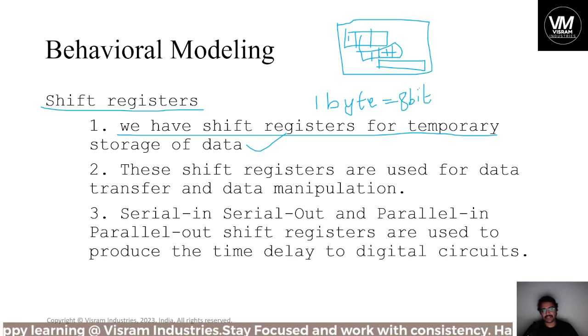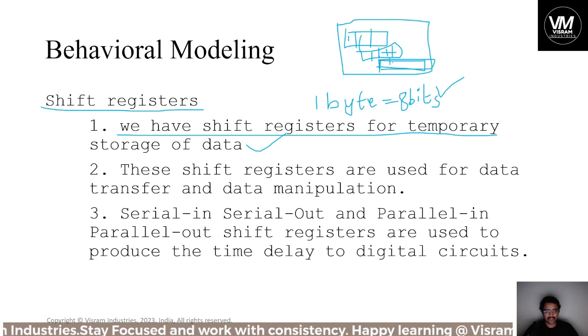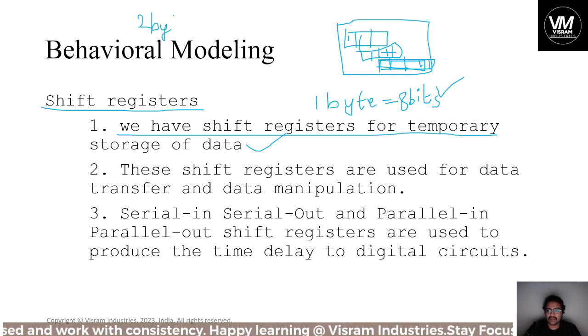This might be your interview question again. Don't get confused. 1 byte can be 8 bits. And if I say 1 byte register, you have an 8-bit register. For example, you have 2-byte memory.